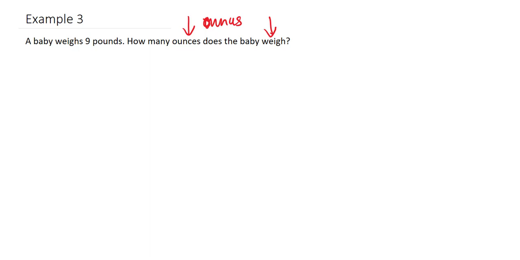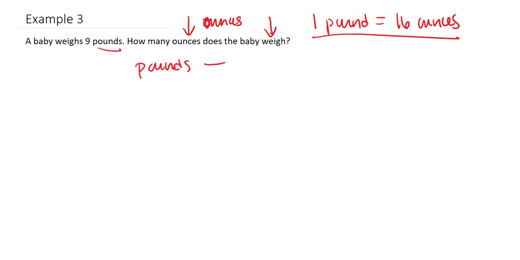So let's think what this conversion is. Well, 1 pound is equal to 16 ounces. So that's all we need. We need to go from pounds to ounces, so we only need to use this conversion. Let's set this up.